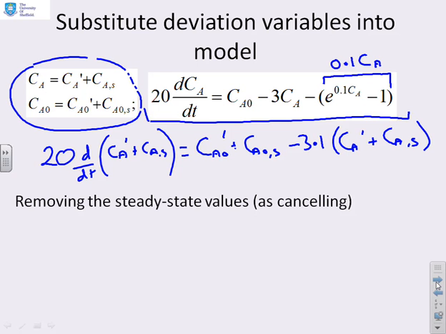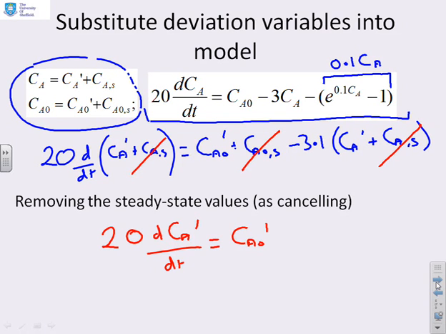And you'll remember that by definition, these terms are all going to cancel. So what you get left with is 20 times dCA dash dt equals CAO dash minus 3.1 CA dash. So now we've got a simple approximation for our system written in terms of deviation variables.